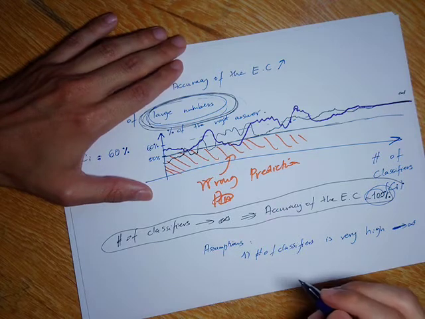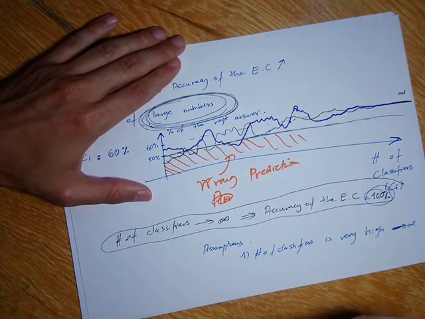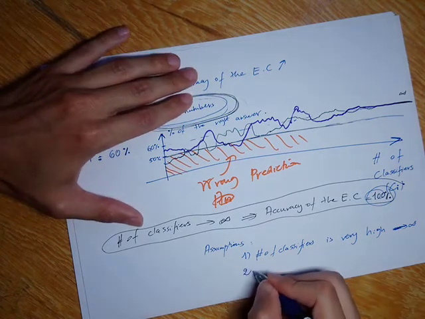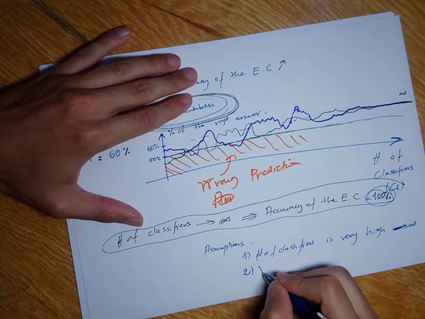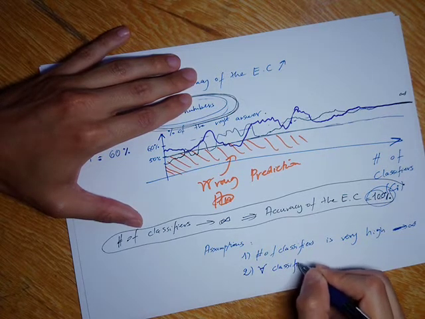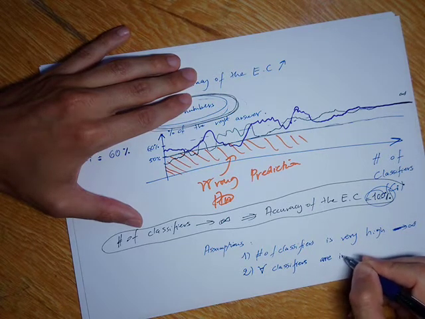And the second and the most important assumption, which is really important in ensemble learning, and I will tell you why, is that all classifiers are independent.